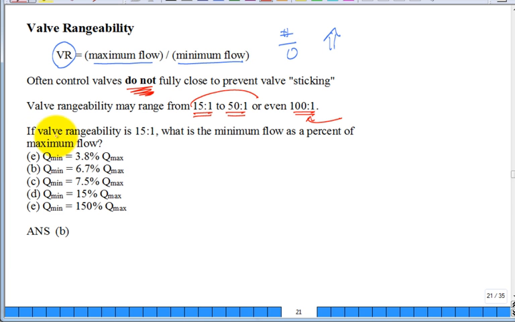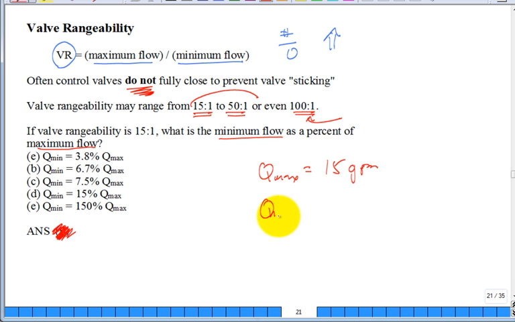So if the rangeability is 15 to 1, what is the minimum flow as a percent of the maximum flow? Man, I should cover up these answers. What is it? Let's say the Q max, just to put numbers to it, is 15 GPM.